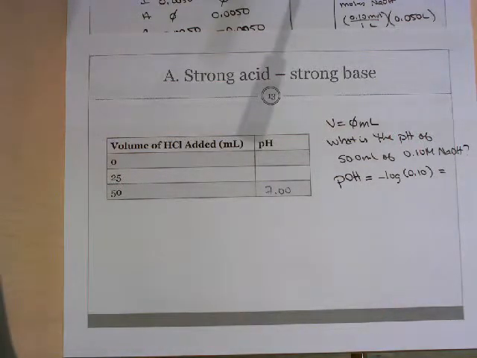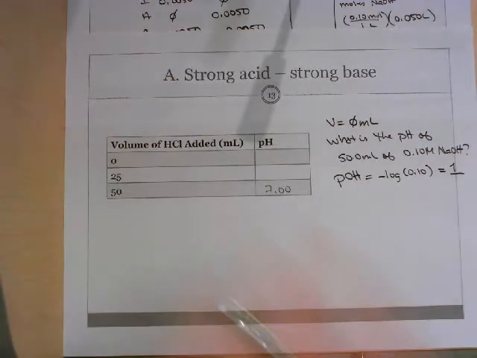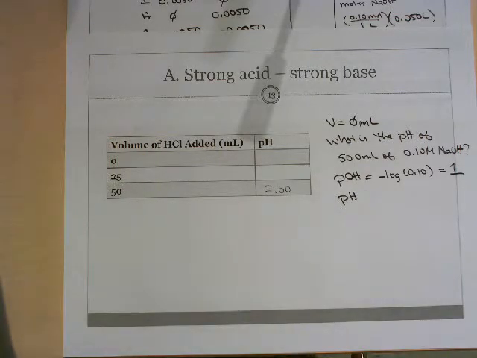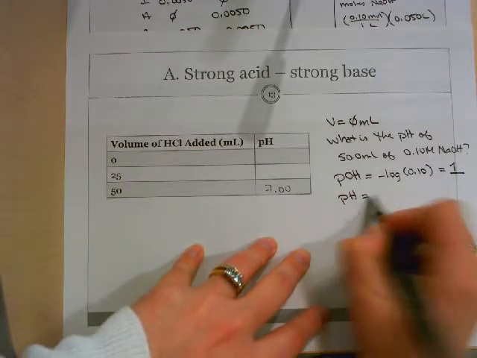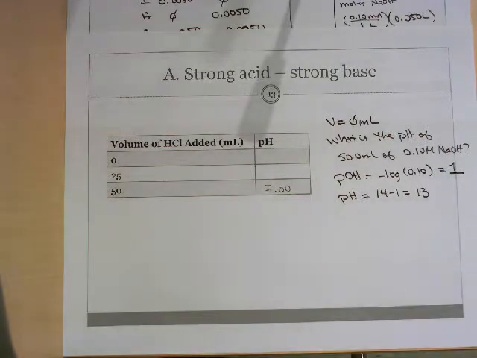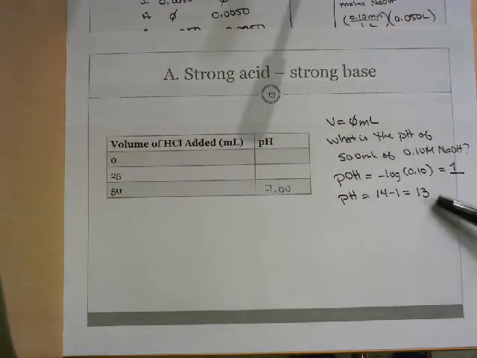What does this equal? 1. Am I done? No. What do I want? I want the pH. So how do I find the pH from the pOH? Subtract from 14, you get 13. Does that value make sense with what you know about bases? Yes, right? Super strong base. It should have a very basic pH. Good.